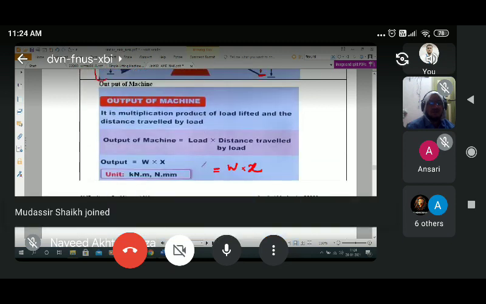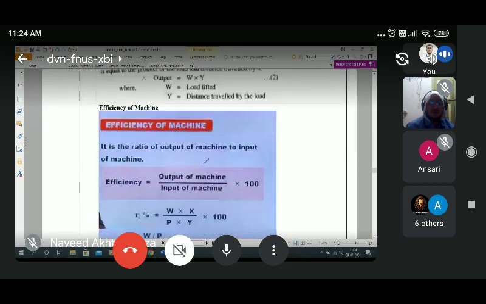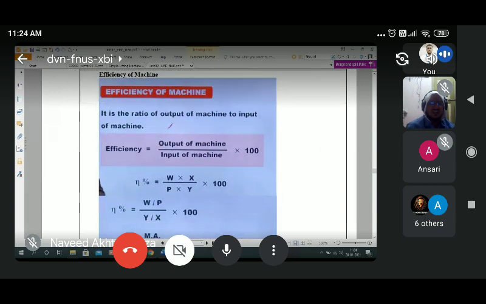Now what is the efficiency? The efficiency of a machine is the ratio of output of the machine to the input of the machine. The output of the machine is W into X, and the input of the machine is P into Y, the distance traveled by the effort, and the effort in newton.